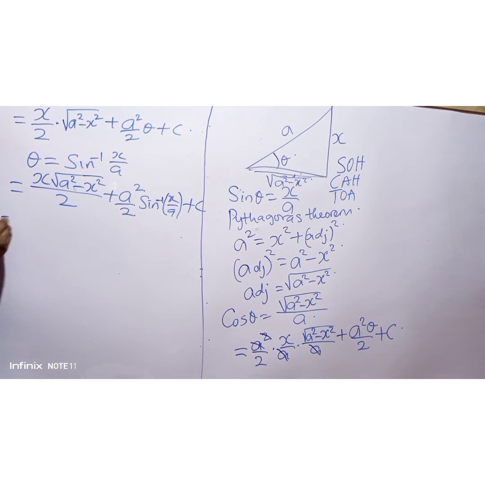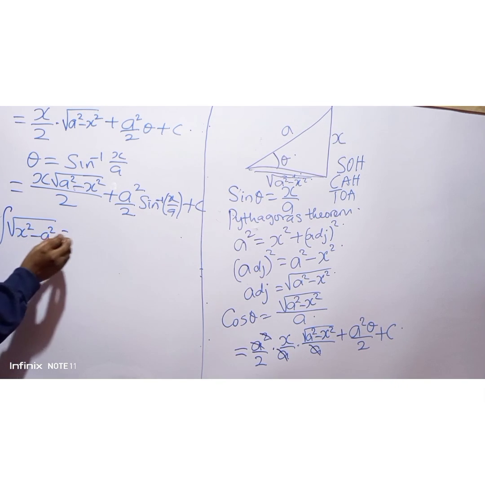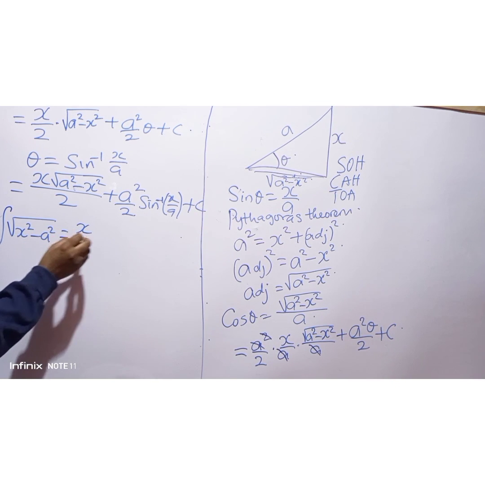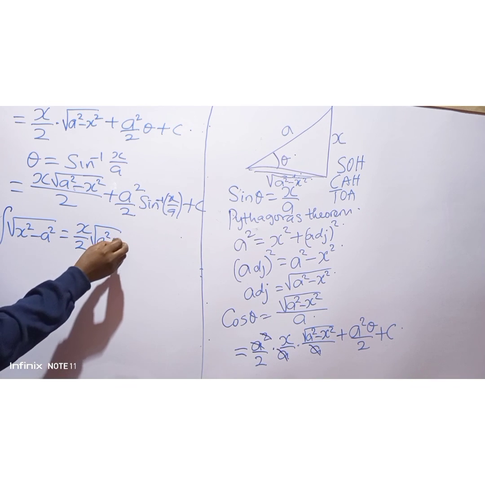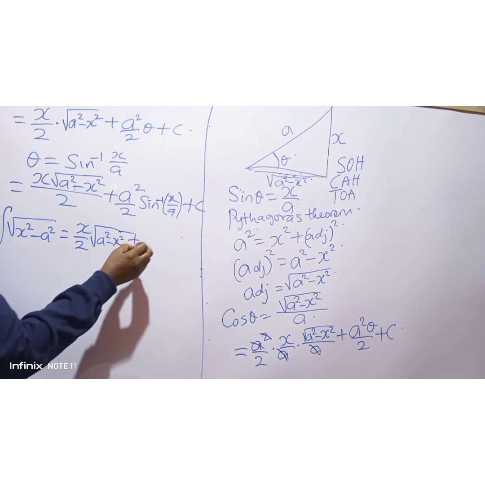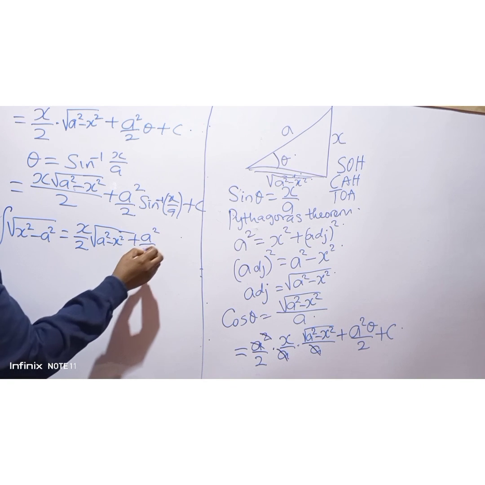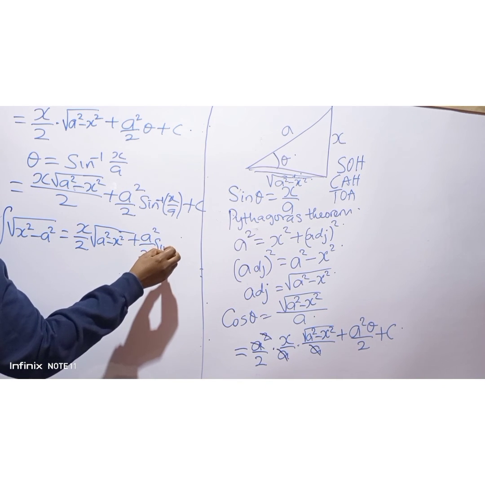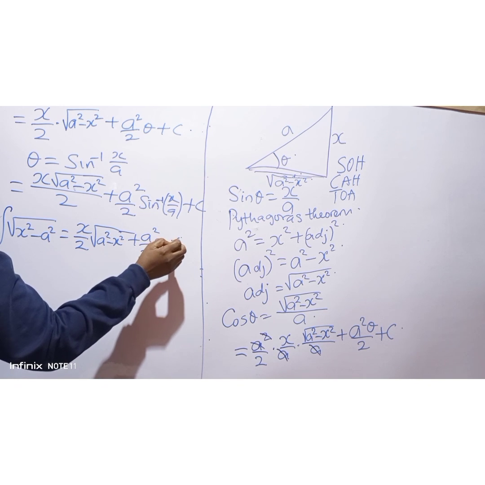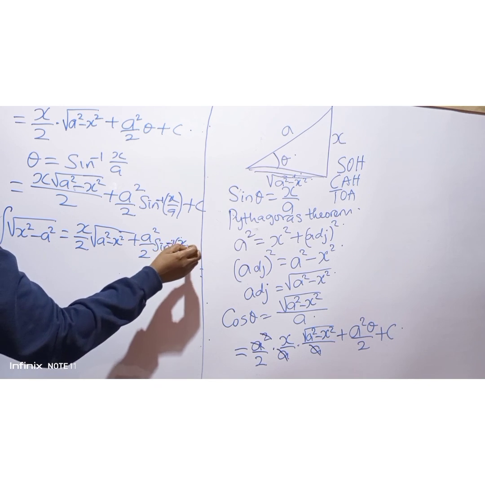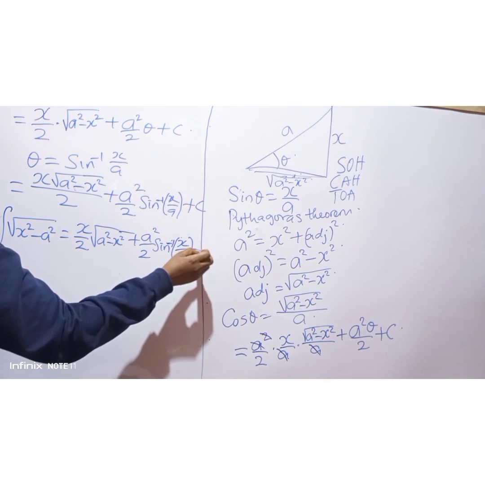So this is the integral of the square root of a squared minus x squared is equal to x over 2 times the square root of a squared minus x squared, plus a squared over 2 arc sine of x over a, then plus c.